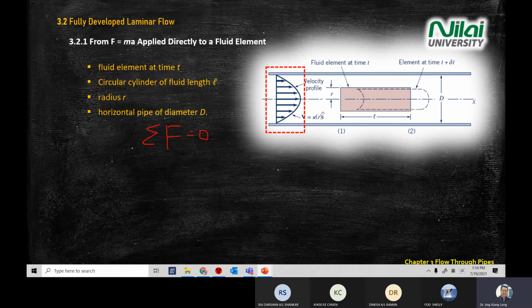And we convert all the parameters inside the pipe that we can find, change them to forces. For example, in the first session, I already taught you what is open channel and pipe flow. Pipe flow is because of pressure. Open channel is gravity. So when you look at pipe flow, you look at pressure.